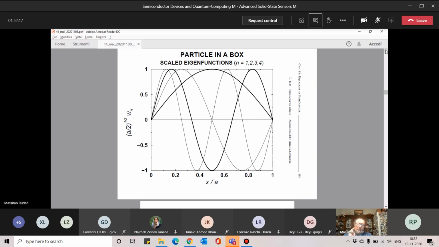The function corresponding to n equal to 1 is this, with only one maximum, up to here. The one that corresponds to n equal to 2 is this one, having 1 zero in the middle and 2 zeros at the boundary. The one with n equal to 3 is this one.